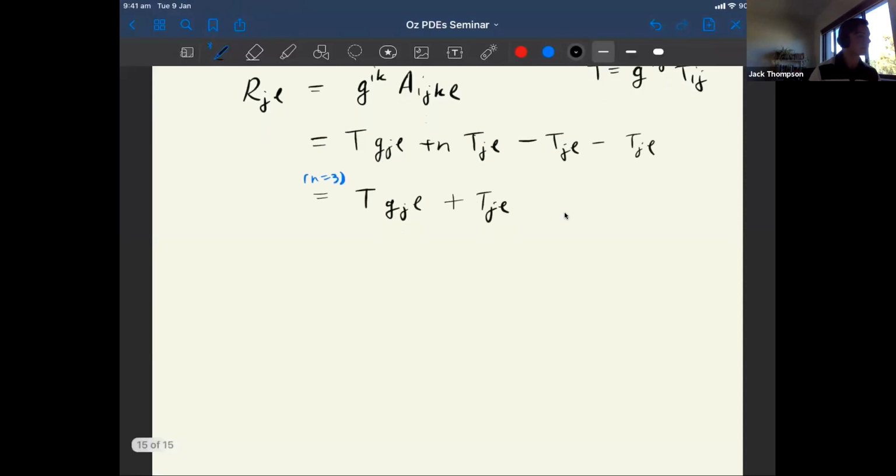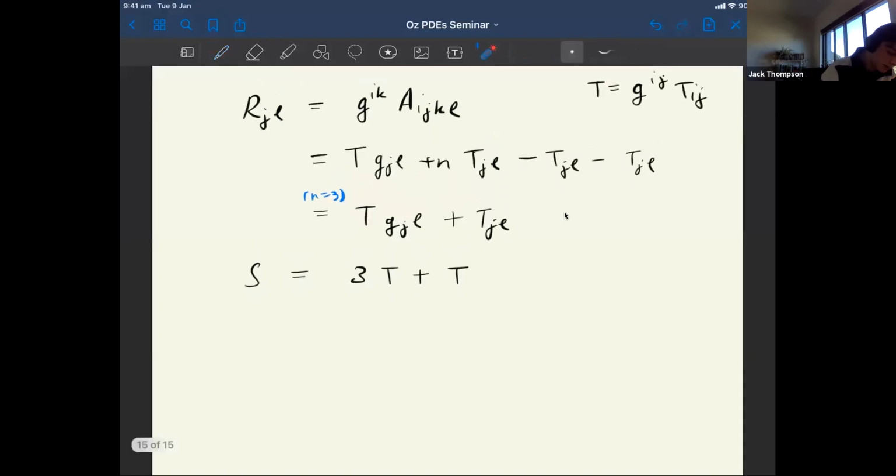So we still can't quite determine what T is. But if I take the trace again, on the left-hand side, I'm going to get the scalar curvature. On the right-hand side, I'll get 3T here plus another T by the definition of T. So I get 4T. And what this means is that I can at least find what T is. So it's 1/4 of the scalar curvature.